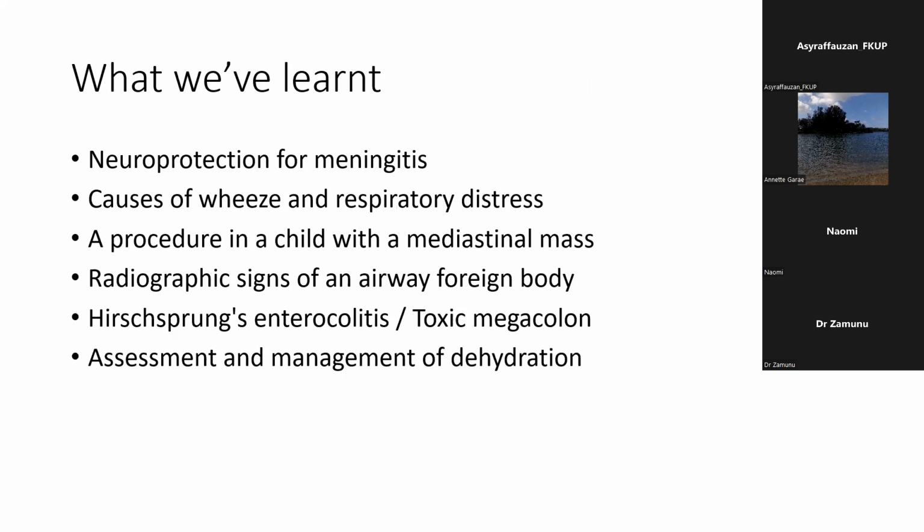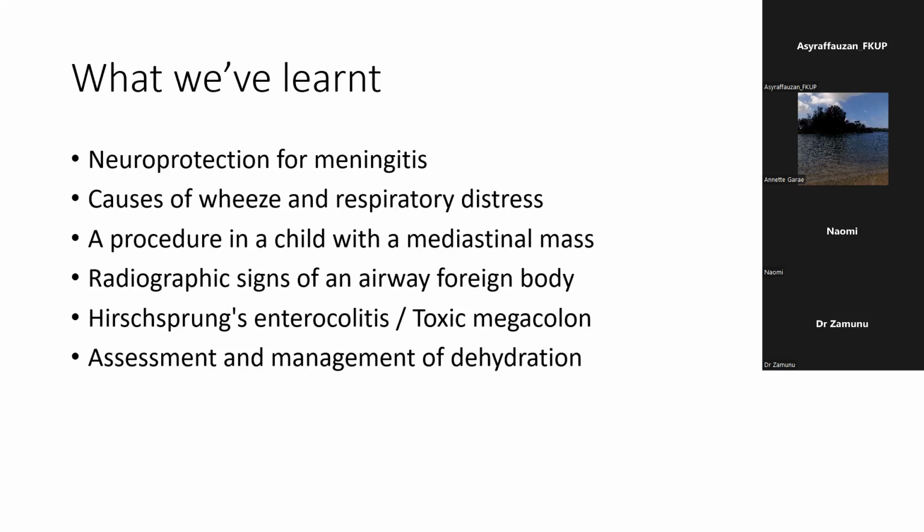Okay, so what we've learned today, we've covered a lot of cases. We've talked about neuroprotection for meningitis, and the way we can prevent secondary brain injury. We've talked about the causes of wheeze and respiratory distress. We've talked about how to do a procedure in a child who can't lie flat and has a mediastinal mass.